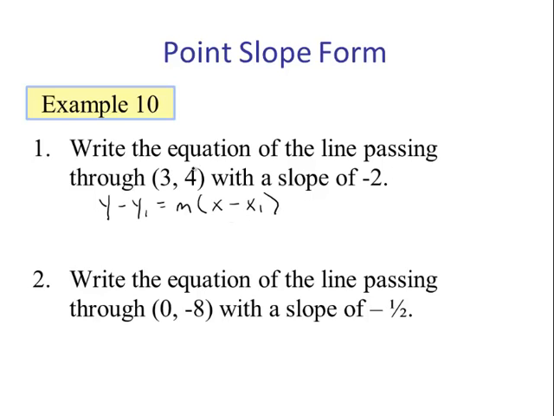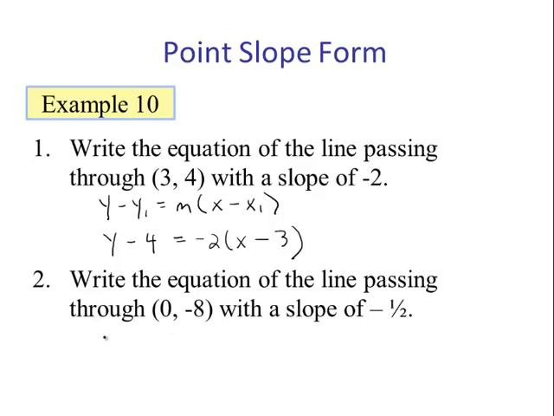This is x sub 1, this is y sub 1, so the answer is y minus 4 equals slope, which is negative 2, times x minus my x coordinate, which is 3. And we are finished. This is the point-slope form.